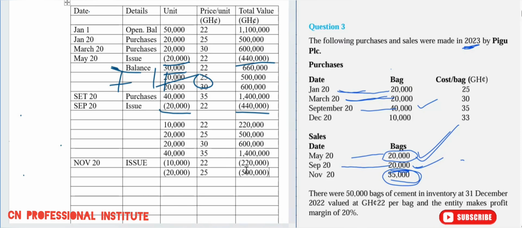And then the remaining 5,000 will come and sell it from the next one, the 30. So the remaining 5,000 should be at 30, which should give us a figure of what?